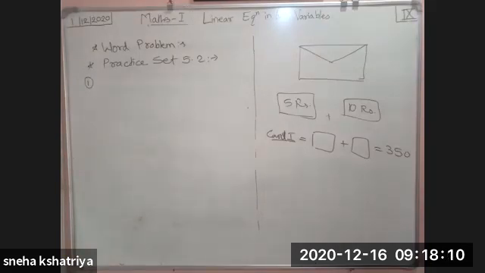What is the second statement now given to us? Number of 5 rupees notes are less by 10 than number of 10 rupees notes. Okay. So the question is given like this. It means 5 rupees notes are less by 10 than 10 rupees notes.